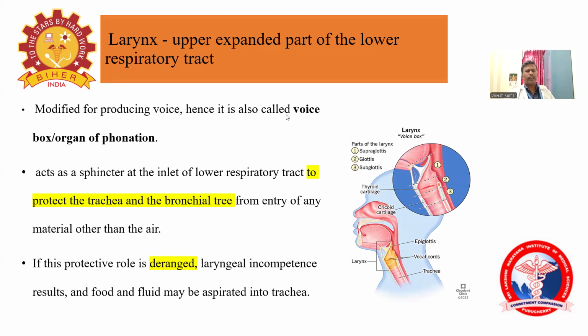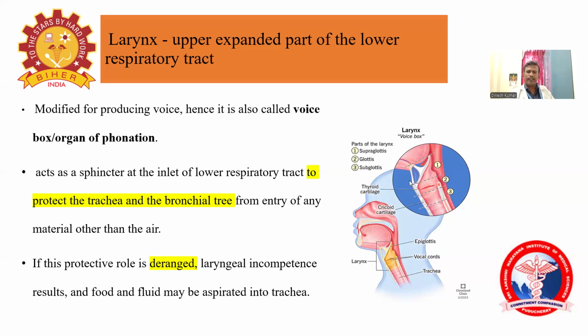It also acts as a sphincter at the inlet of the lower respiratory tract, to protect the trachea and the bronchial tree from entry of any material other than air. If this protective role is deranged, the larynx becomes incompetent, and as a result fluid and food may be aspirated into the trachea.